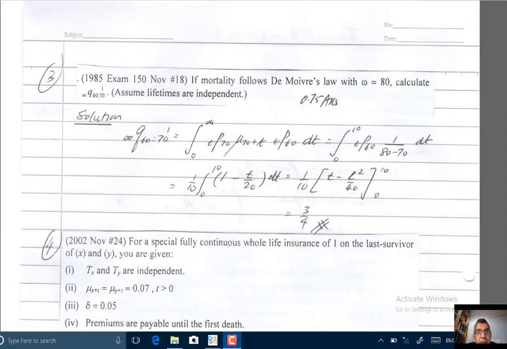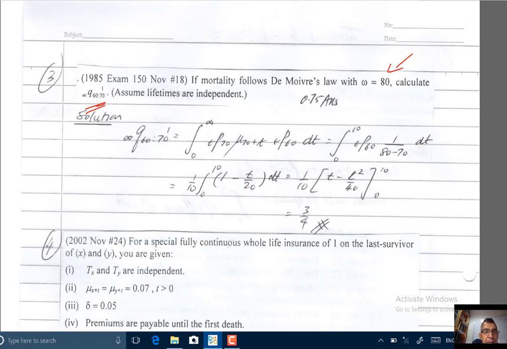Question number 3. If mortality follows de Moivre's law with omega equals 80, we are asked to calculate this probability, assuming lives are independent. This is a contingent probability of 70 dying before 60.